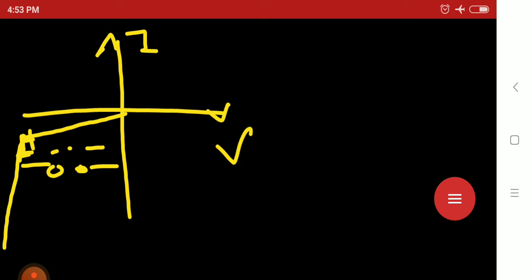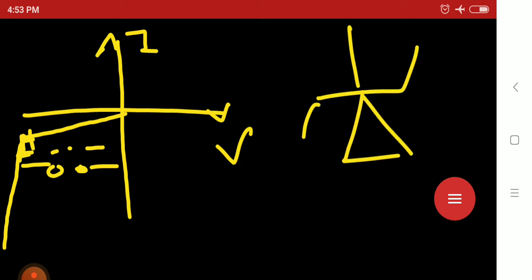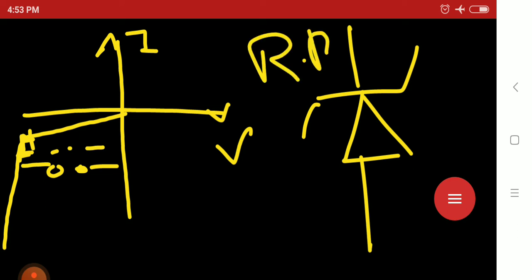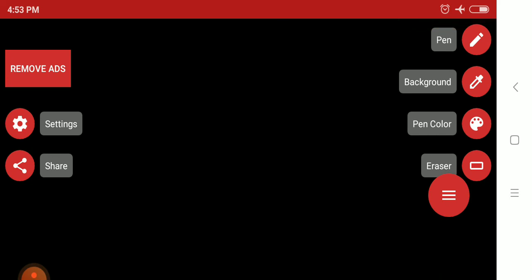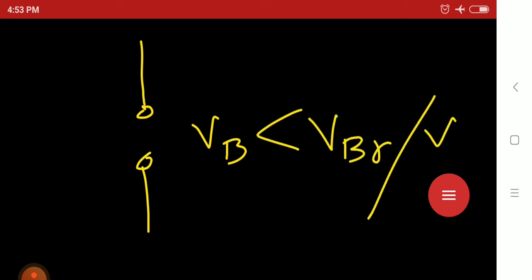So when you give the Zener diode reverse bias, with plus on the N side and minus on the P side, it acts as a broken wire for the region where the bias voltage VB of the Zener diode is less than VBR, or you can say VZ, the Zener voltage. Then it acts as a broken wire.